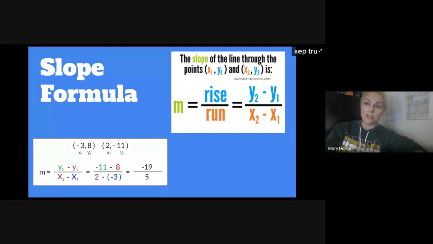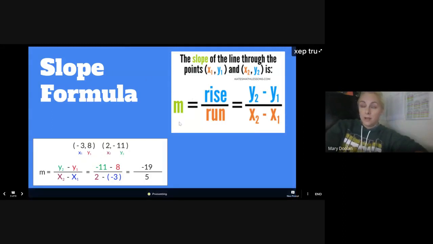Right? The only thing that you have to be consistent on is the way that you line up the ordered pairs. So in this specific example on this slide, we have -3, 8 as one of the ordered pairs, 2, -11 as an ordered pair. All right, and so they've chosen to make this point, -3, 8, the first ordered pair, and the 2, -11, the second ordered pair.